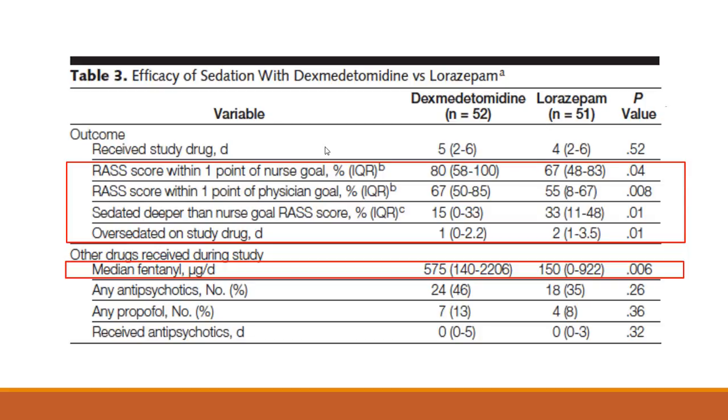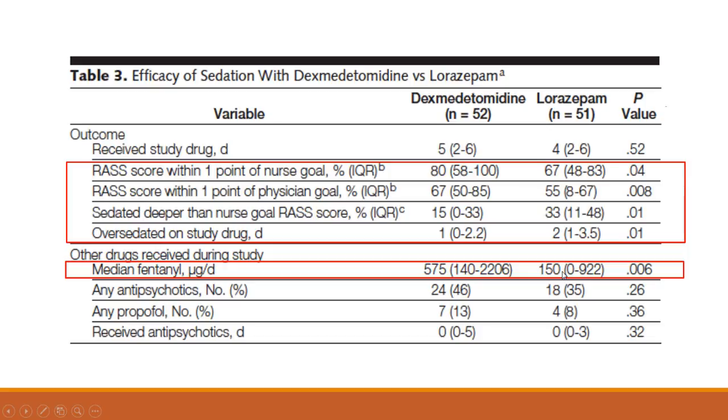However, one thing to know about this trial was that they allowed patients to receive as-needed fentanyl boluses or infusions, in addition to as-needed propofol and antipsychotics. And so they broke down these medications and how they were used, and you'll find that in the Precedex arm, the patients ended up receiving higher doses of fentanyl as compared to the lorazepam arm.